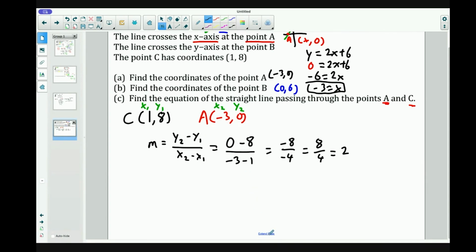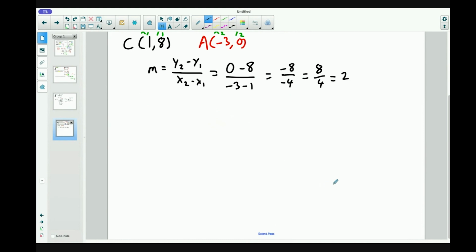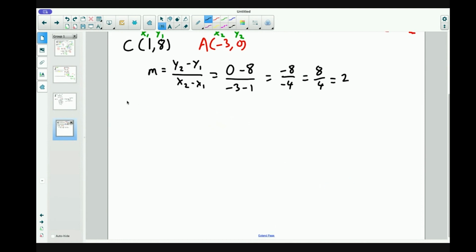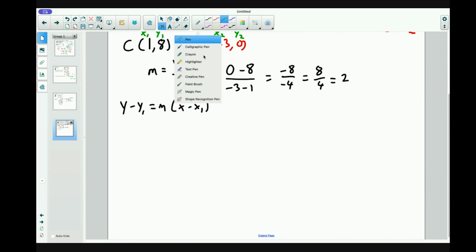Now, there was another equation for a straight line. I'll just reintroduce it here. Another form that you could also use is y minus y1 is equal to m times x minus x1. And you can see here the similarities between this equation for our gradient and this new equation that we've made here.